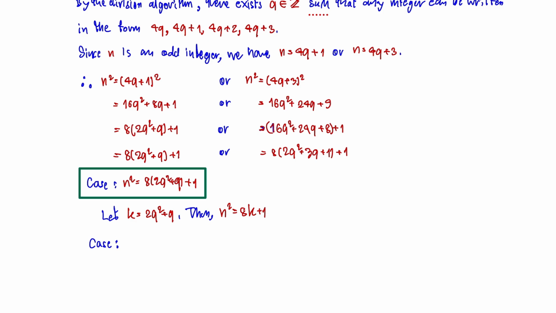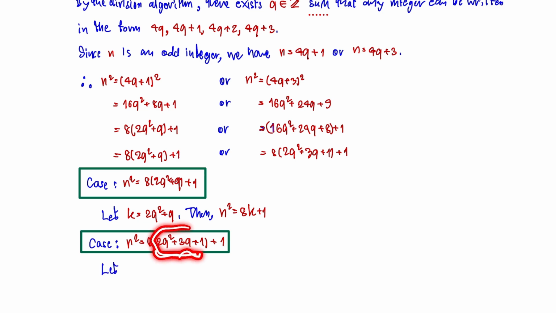Another case is where n squared equals 8 times 2q squared plus 3q plus 1, plus 1. Here we let k be this integer. We choose k to be 2q squared plus 3q plus 1.